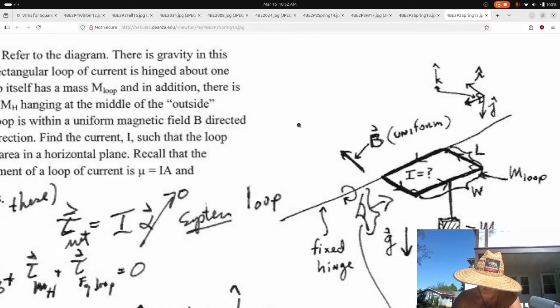Wait. No, no, no, no, no. Hold on. No, no. Oh, this is minus J. This is minus J. Okay, this is minus J. Oh, wait. So this is 1, and this is minus 1. So this is going to be K hat. Yeah, this is going to be K hat.